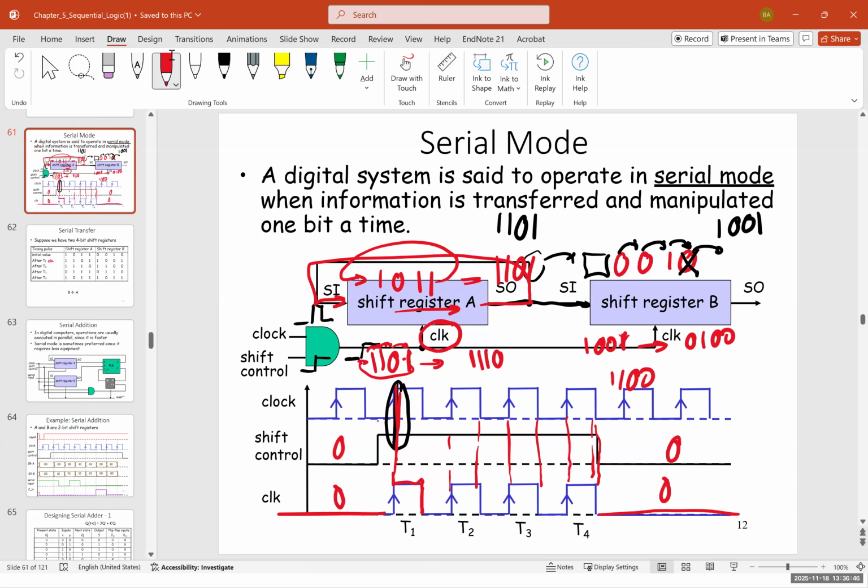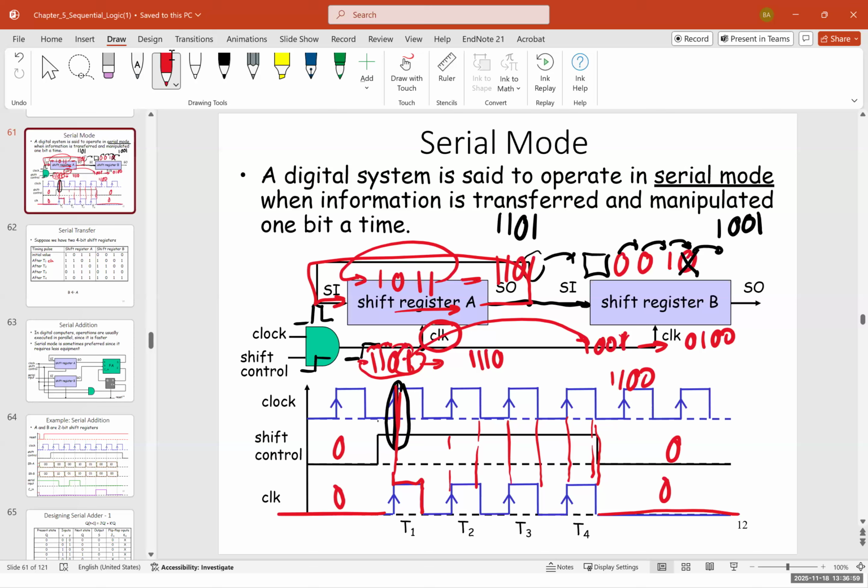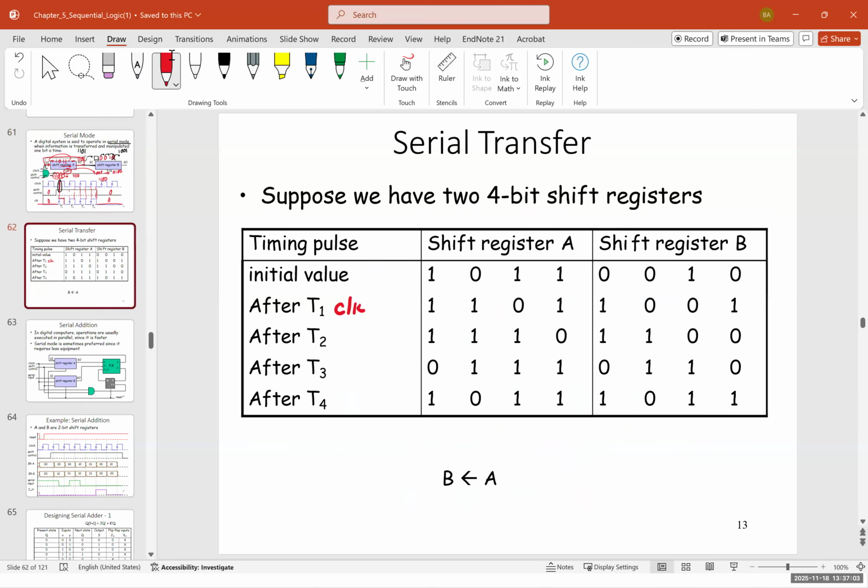Because this one that we shifted to the right is coming to the first bit on the left. Now, for register A, we started with 1, 0, 1, 1, then 1, 1, 0, 1, and then 1, 1, 1, 0.